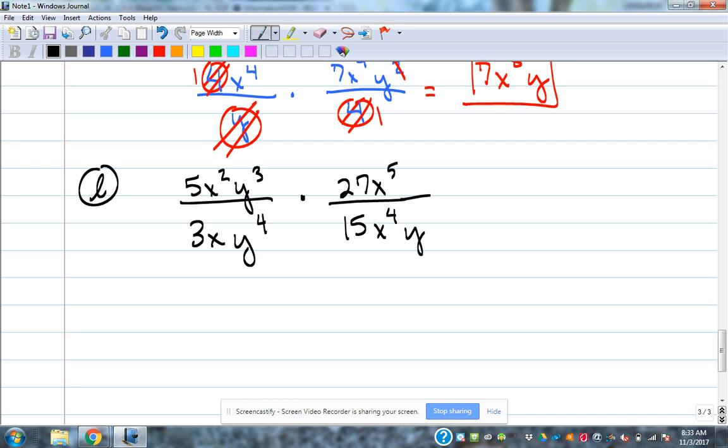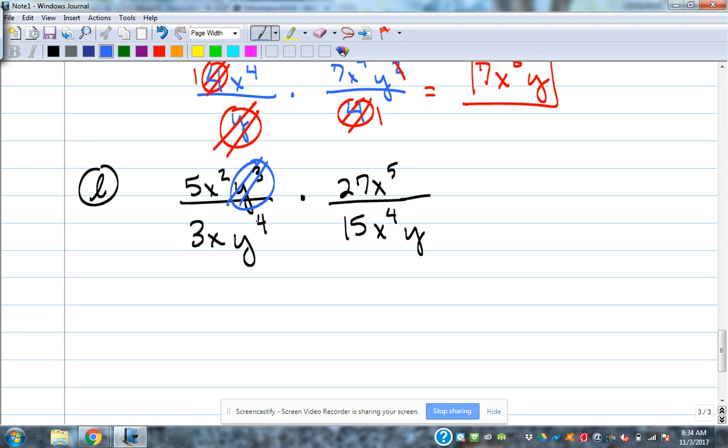All right, so vertically, what can happen on the first fraction? The y's, we got 3 y's up top, 4 y's on the bottom. How many are gone? These 3 cancel how many of the 4 that are in the bottom? 3 of them.